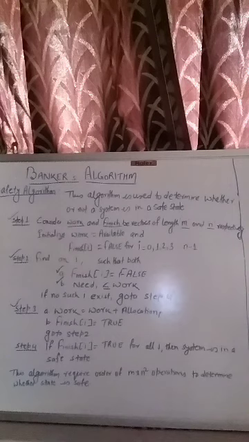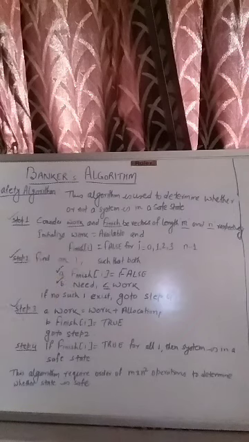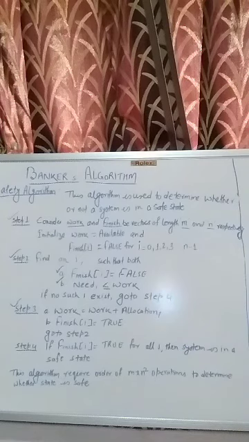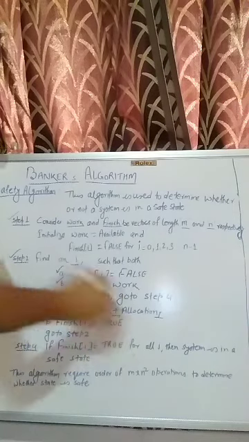Now in step 3, if such an I is found, then work is added with allocation of I, that is, that particular row which was found earlier in step 2 is added to the work vector, and finish of I is now updated to true.